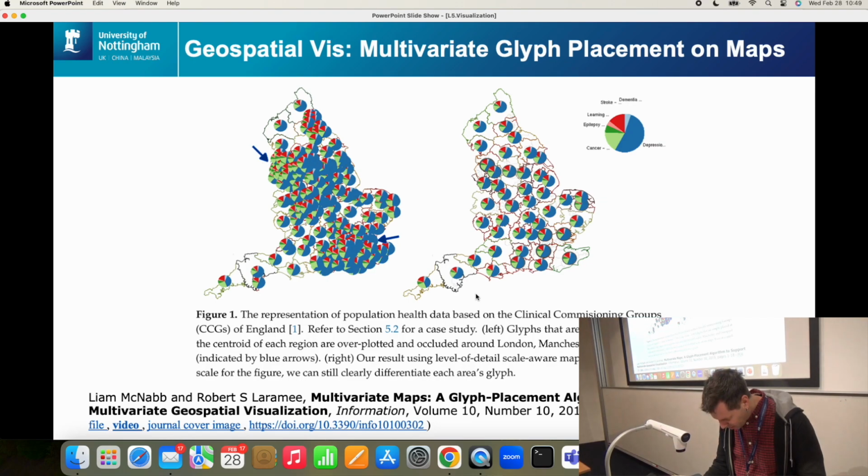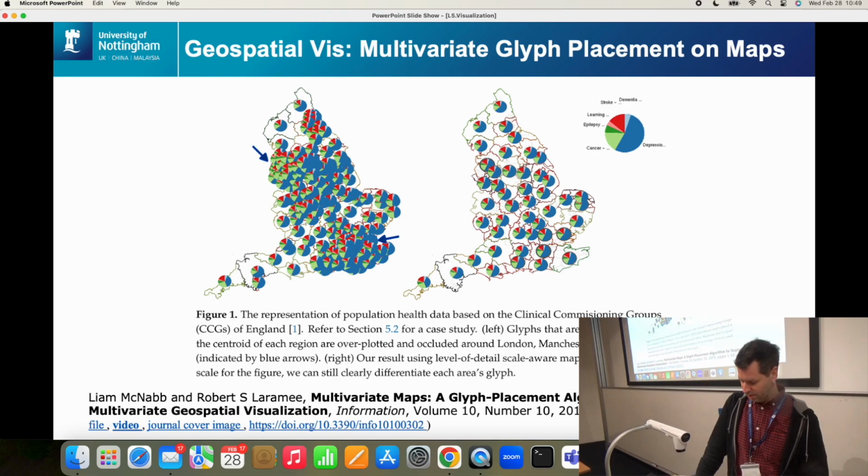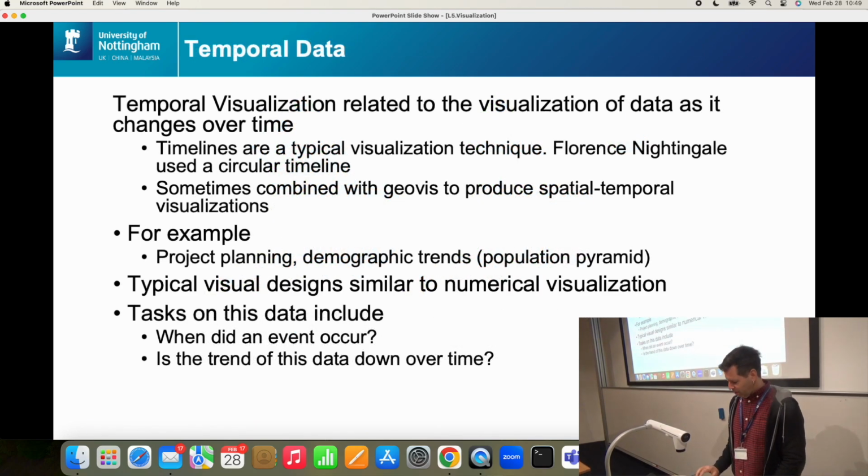But then you can also see, okay, down here in the Cornwall area, it's not as prevalent as in London, for example. So you can see those sorts of things very, very quickly with visualization.